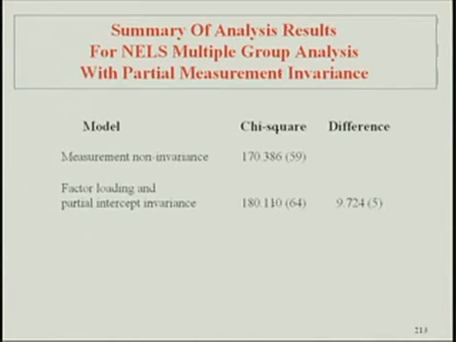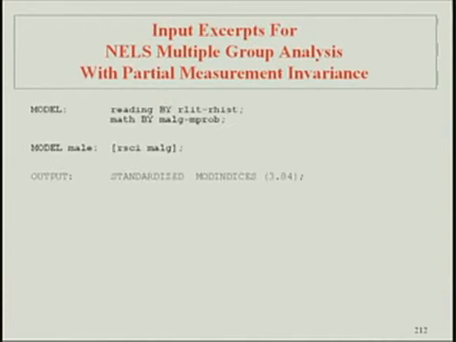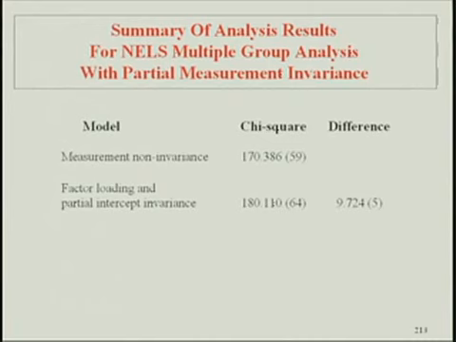So what we do is we compare that factor loading invariance chi-square to the factor loading and partial intercept invariance chi-square. This chi-square, 180.110, will come from this analysis being run. And we can see that the difference is 5 degrees of freedom and only a chi-square of 9.724. So basically, by taking those two intercepts into account, that they are different across groups, we have not significantly worsened the fit of the model.